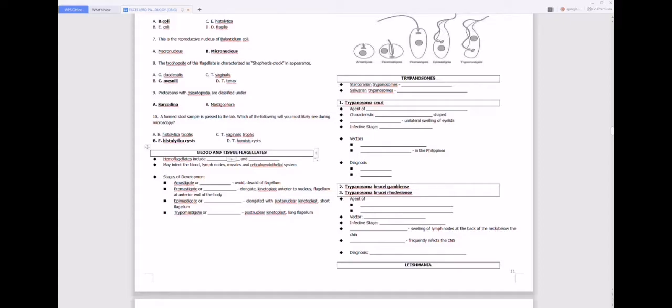Hemoflagellates include what two genera? So the two genera are Leishmania and Trypanosoma. Diba? So, Leishmania and Trypanosoma.